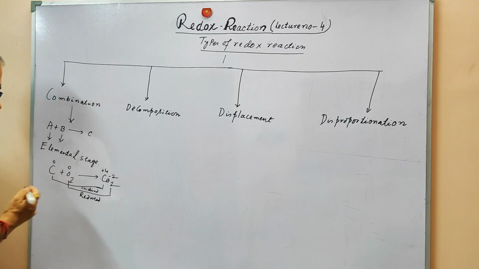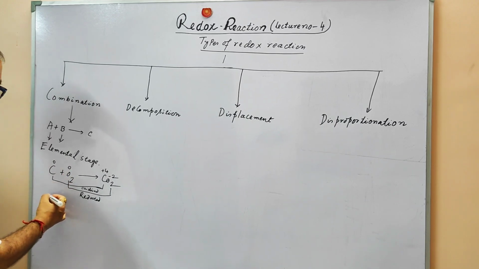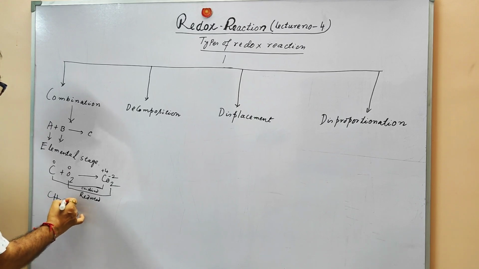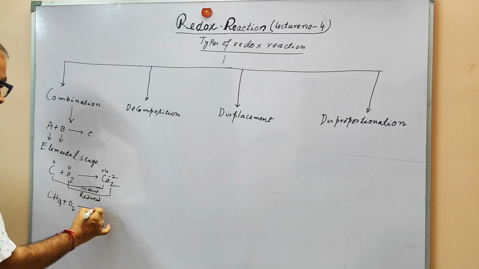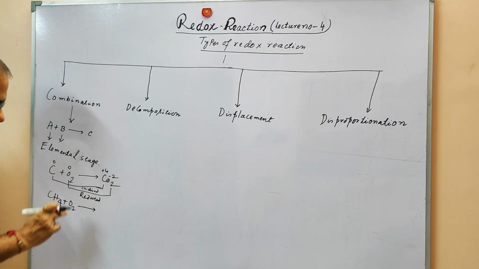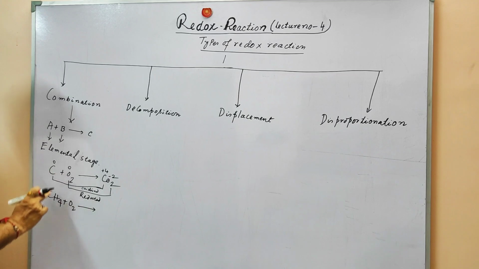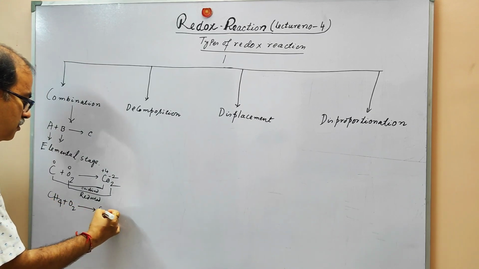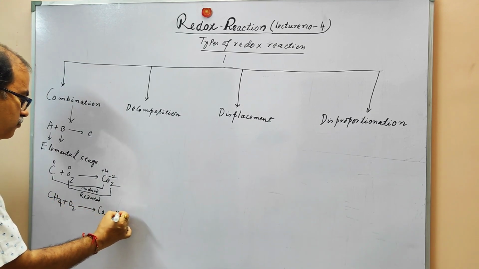Another important reaction that we can observe is CH4 plus O2. Here one reacting species is in the elemental stage and the other is not in the elemental stage. It is in a combined state, that is methane, and it produces carbon dioxide and H2O.